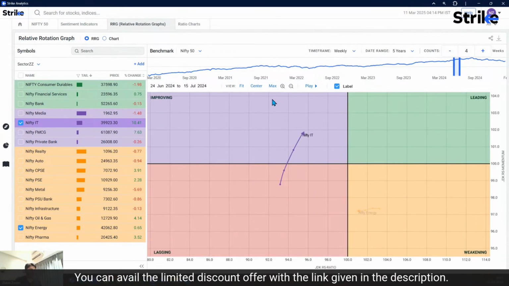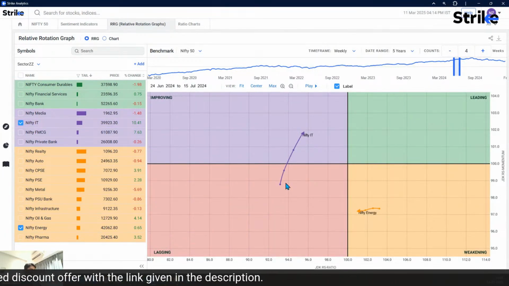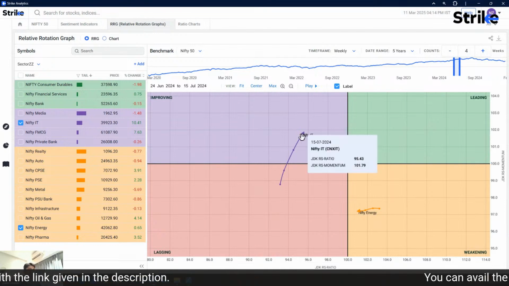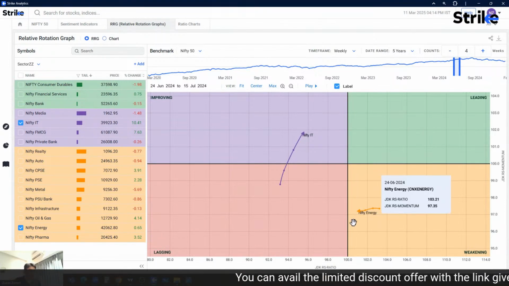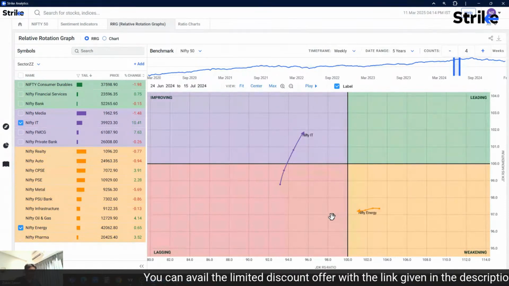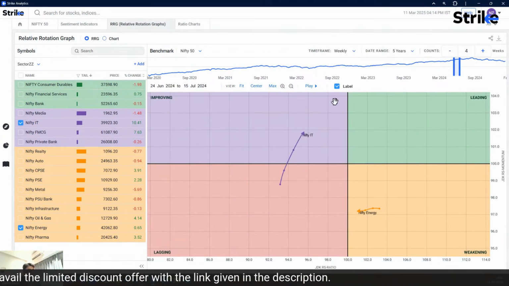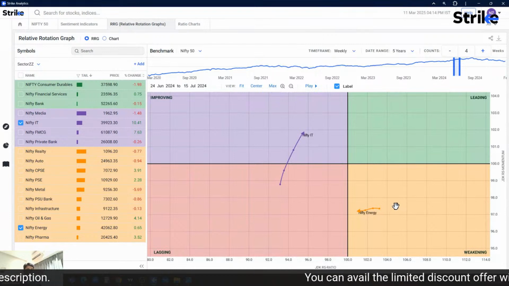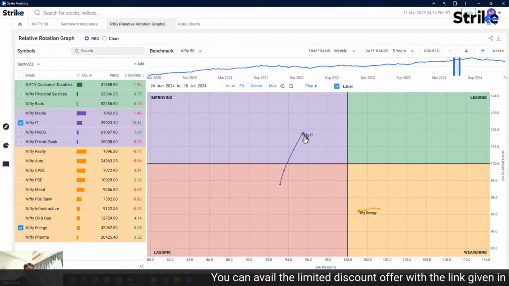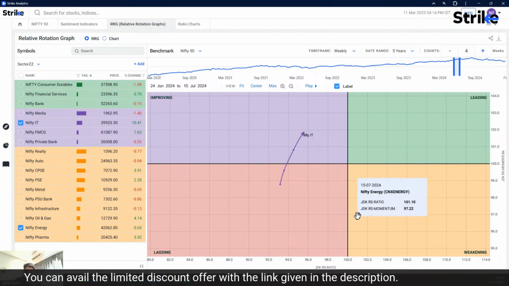This is Nifty IT on 15th of July, and this is Nifty Energy. Nifty Energy is entering into the lagging quadrant, and IT is in the improving quadrant, headed towards the leading quadrant. So if there was a choice between these two, there's a clear option that IT is something we want to focus on, and we want to get rid of energy.